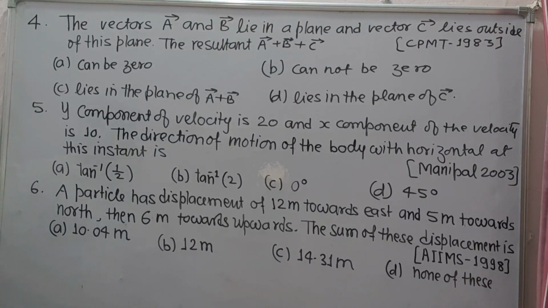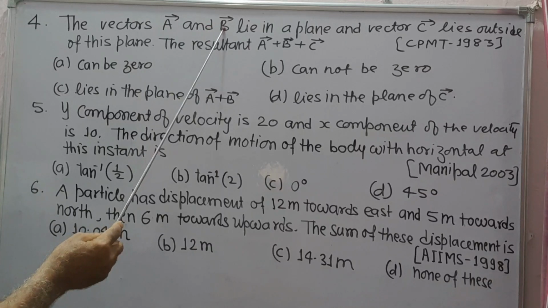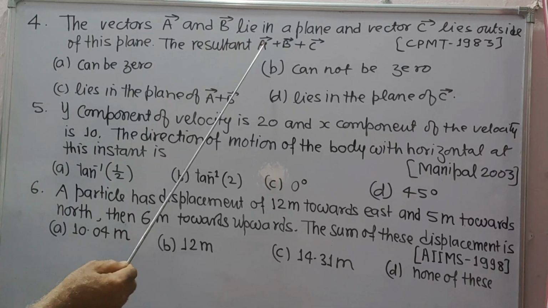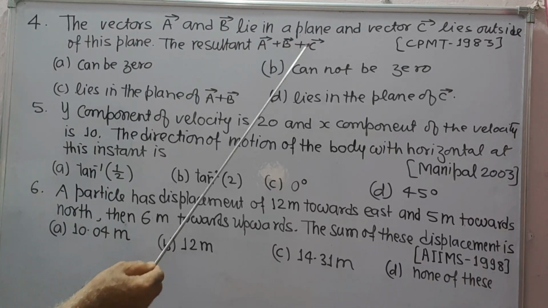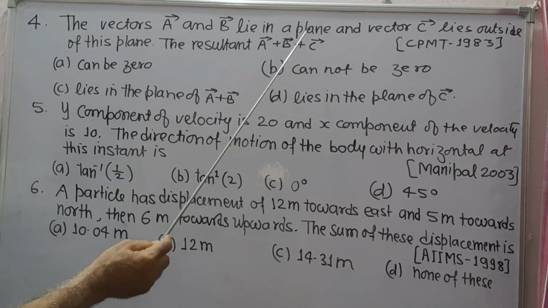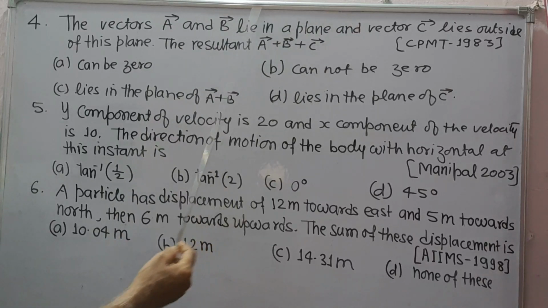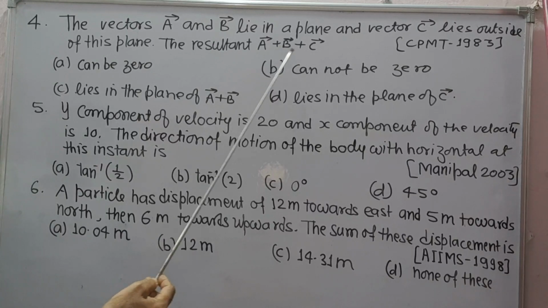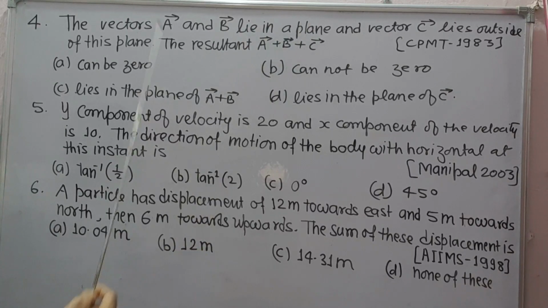Next question number 4. The question is, the vectors A and B lie in a plane and vector C lies outside of this plane. The resultant A vector plus B vector plus C vector is, these are the options. Here these three vectors are non-coplanar vectors, therefore the resultant will be 0 only when there are 4 vectors.